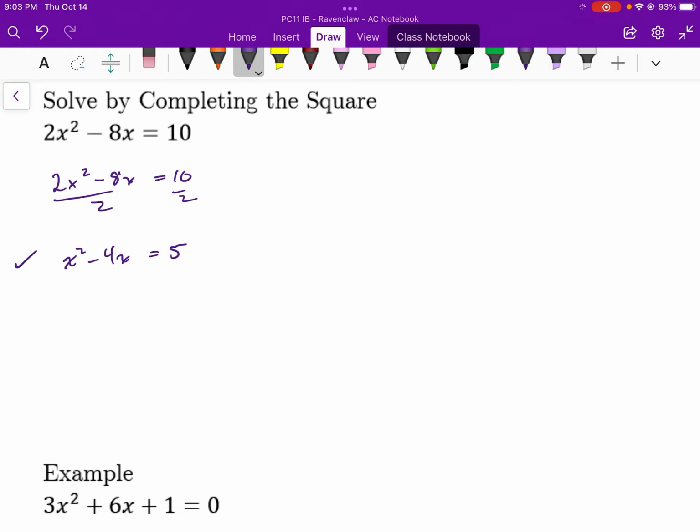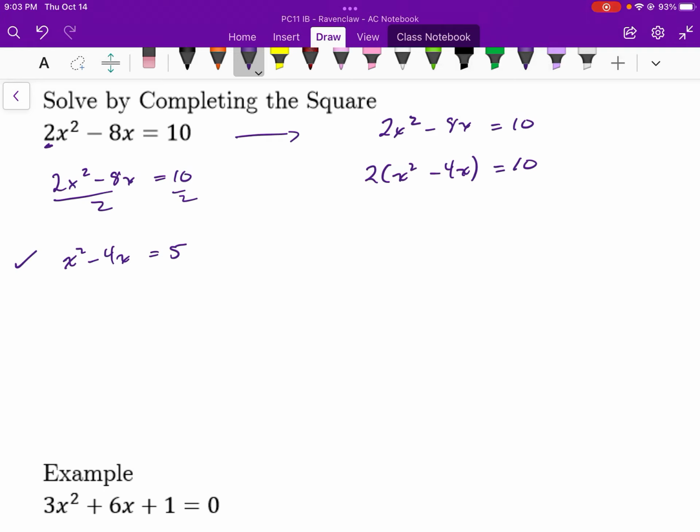Now I've solved that. If you look, that was the example two examples ago. I've been here. I can do this. So that's how we get rid of that coefficient of a. You can divide by the constant. However, I know that some of you would like to travel a different path. You're probably looking at 2x squared minus 8x is equal to 10. I know you would probably like to factor out that 2, and there's nothing wrong with factoring out the 2.